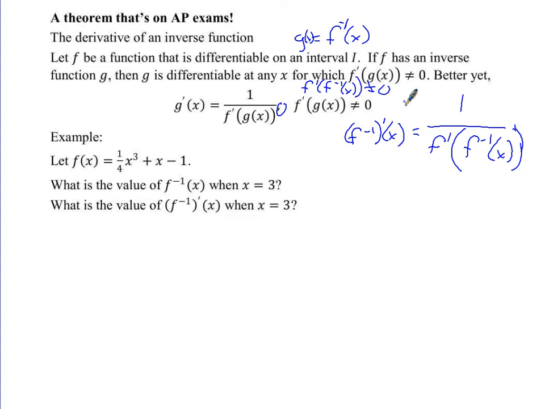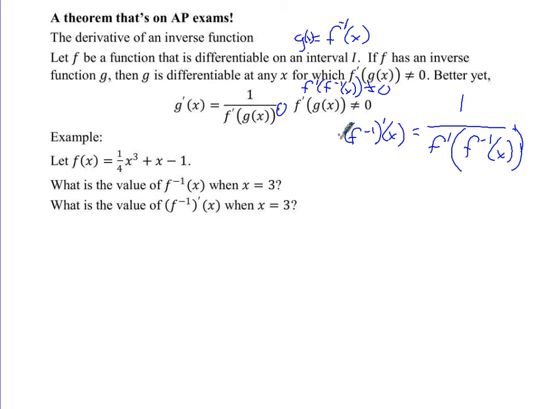So what we have here now is the derivative of the inverse function is equal to 1 over the derivative of the original function composed of the inverse function. This is like f of g or g of f right here. 1 over f of g or g of f. So what that means is, if we take the derivative of a function, what are we finding? Slope.